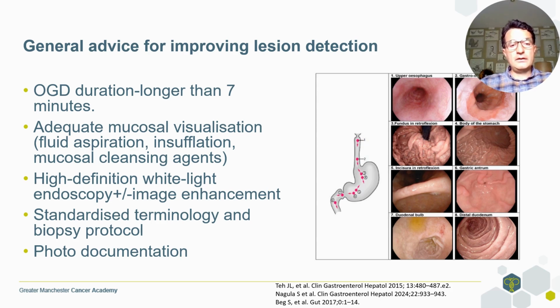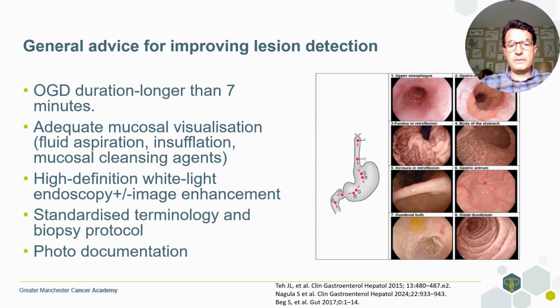Use of standardized terminology, especially if the patient needs to be referred, is very important. And awareness of the updated biopsy protocol if any pathology is suspected. And of course, photo documentation.